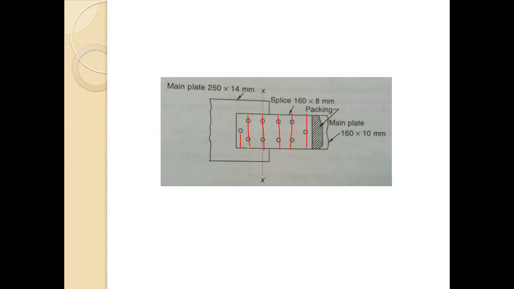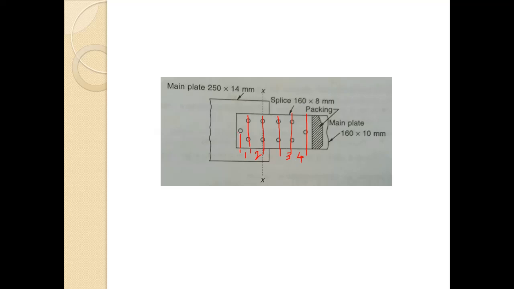So this is one pitch, this is the second pitch, this one is the third pitch, and this is the fourth. So pitch distances are 1, 2, this is 3, and this is the 4. So 4 into 60 we are providing.